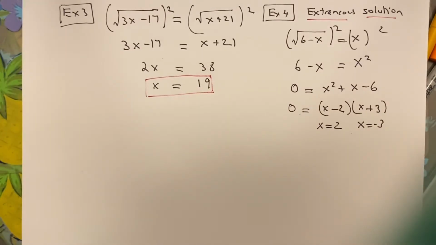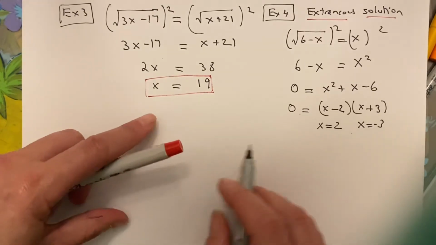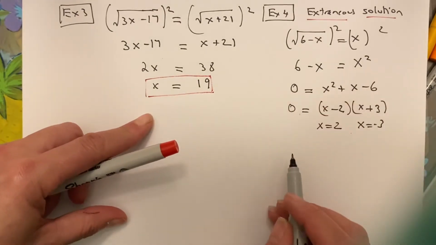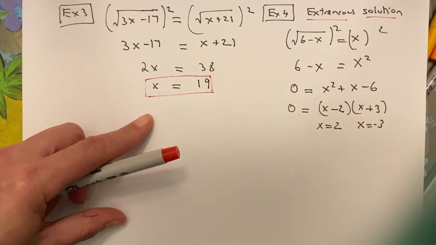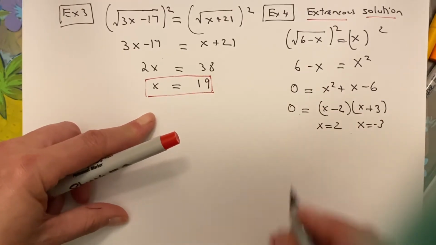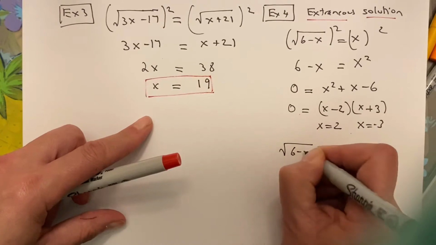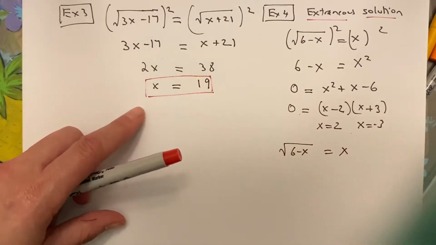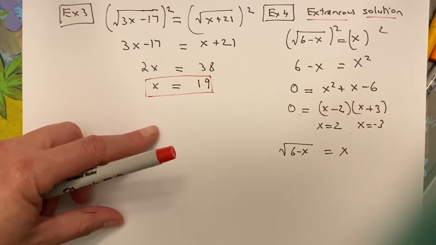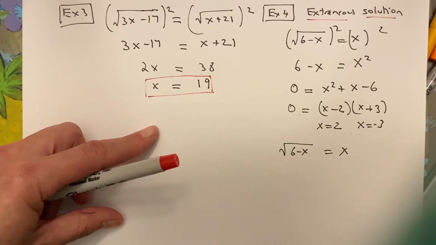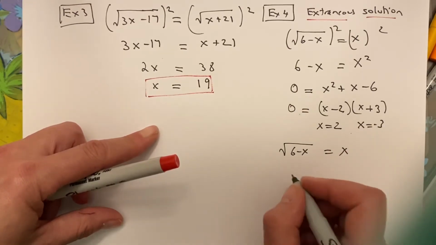In a situation like this, you have to test solutions, especially if you end up with a quadratic. So we're going to go back to the original problem, the square root of 6 minus x equals x, and find out if both of these solutions work. First, let's try x equals 2.